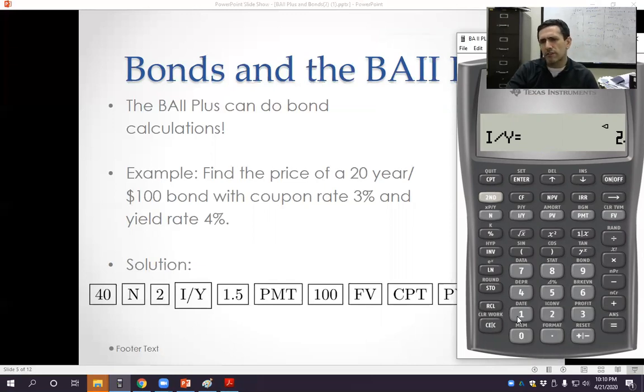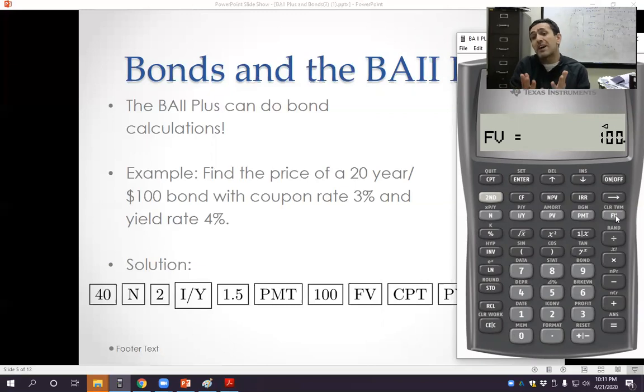Coupons are always F times R, no matter what. So F is 100, R is 0.015, 1.5%. So that's just $1.50 every 6 months. And what we're going to enter now is 100 FV. So you can think of that as 100 face value.